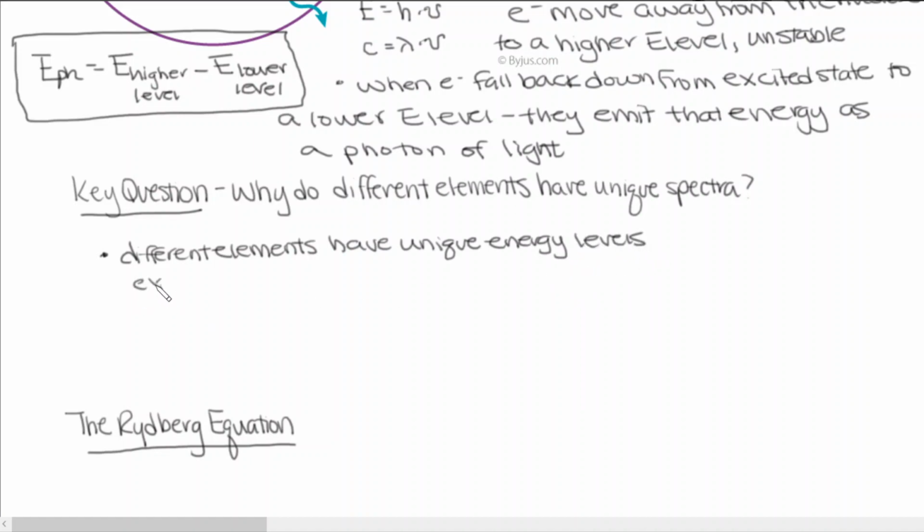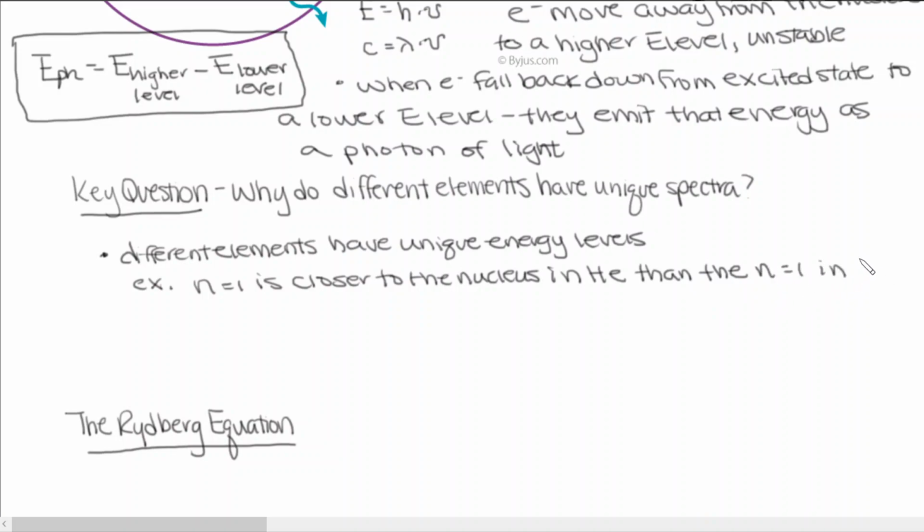For example, the n equals 1 is closer to the nucleus in helium than the n equals 1 in hydrogen.